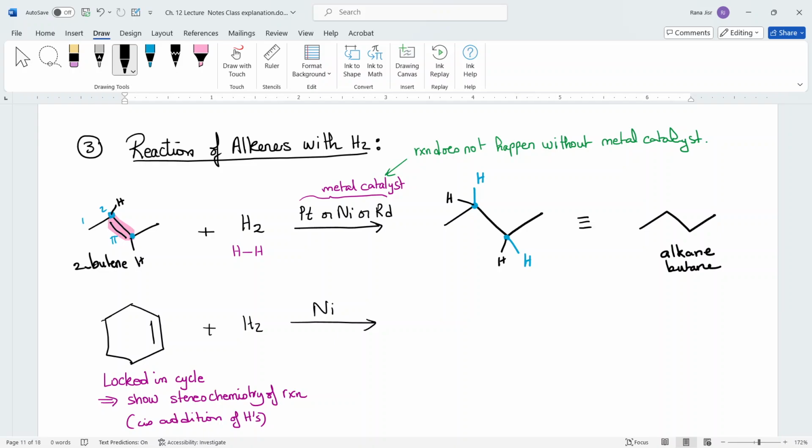I did not add any carbons whatsoever, and I did break the pi bond, and I made 2 new sigma bonds. This is a sigma, and this is a sigma. Does the reaction have a stereochemistry? Yes, it does.